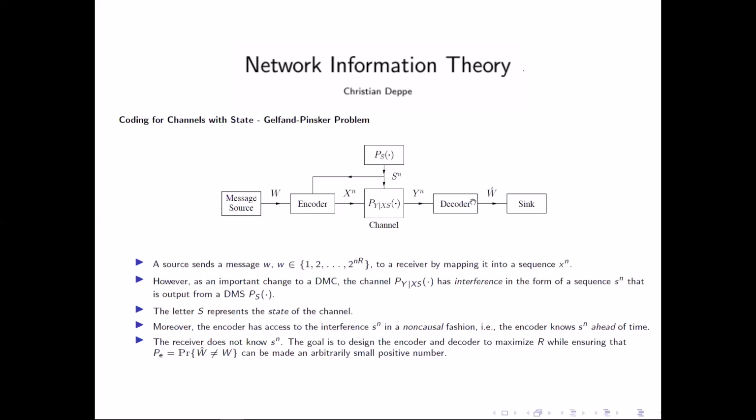However, the decoder does not have any access to the state sequence. And here I have to make an estimate of the message, W hat. And we want to have the error probability arbitrarily small if the block length goes to infinity.